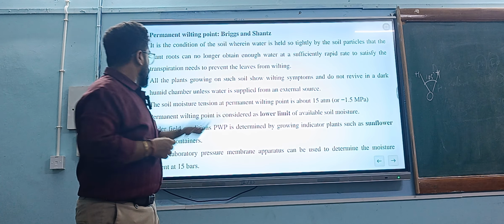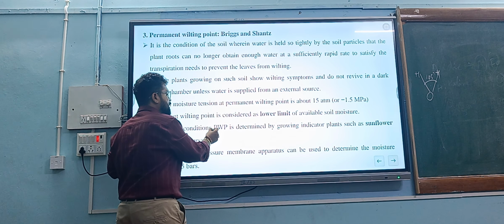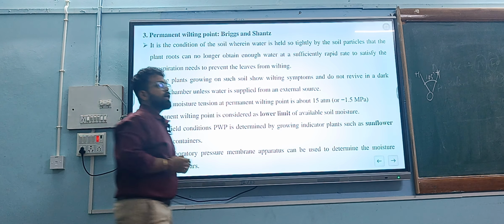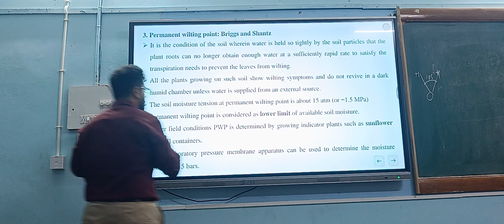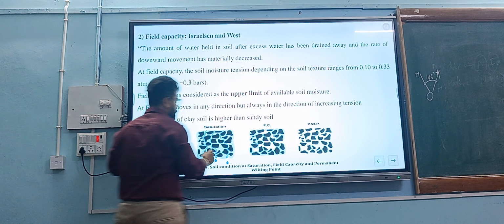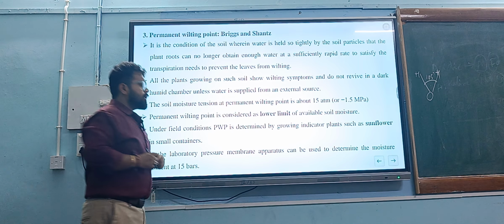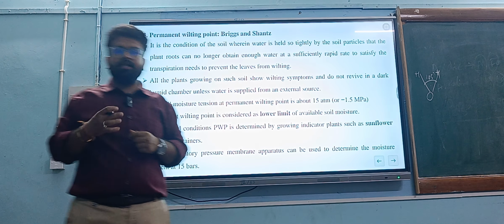We use a technique called the sunflower technique, where the permanent wilting point is determined in the field by growing an indicator plant. Which is the indicator plant for the permanent wilting point? It is sunflower. In the laboratory, we use the pressure membrane apparatus, which can be used to determine the moisture content at 15 bar.